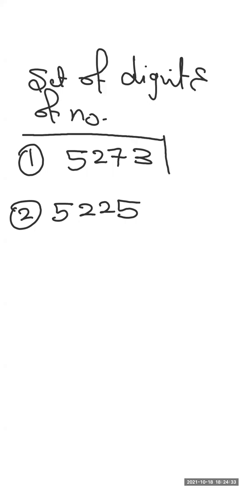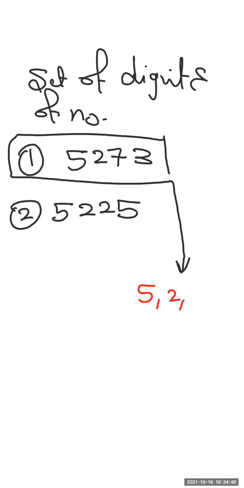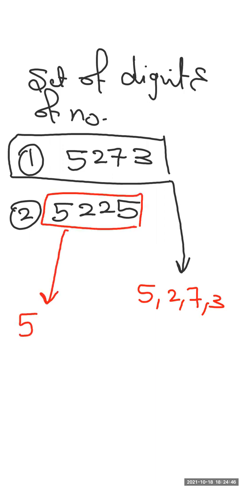So in number 1, the elements will be 5, 2, 7, 3. But on the second one, the elements will be 5 and 2 only, because I will never repeat the element.